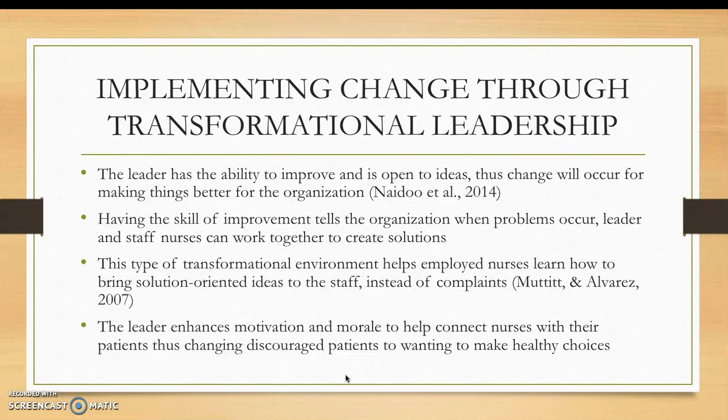Implementation of change through transformational leadership. The leader has the ability to improve and is open to ideas. Thus, change will occur for making things better for the organization. Having the skill of improvement tells the organization that when problems occur, the leader and staff nurses can work together to create solutions.